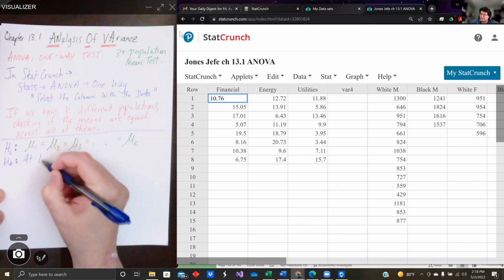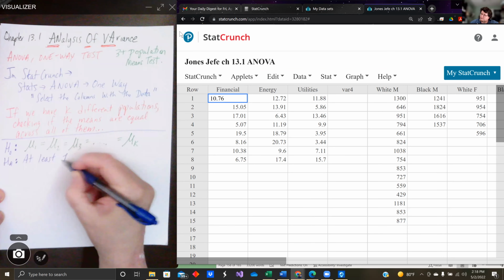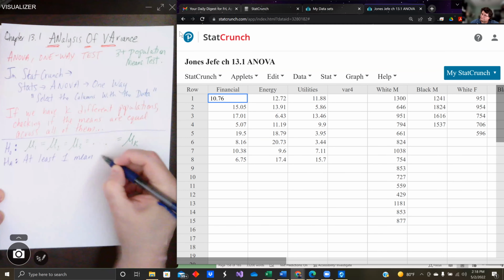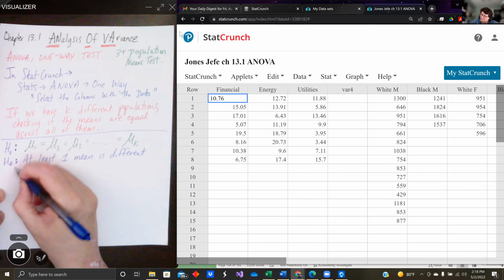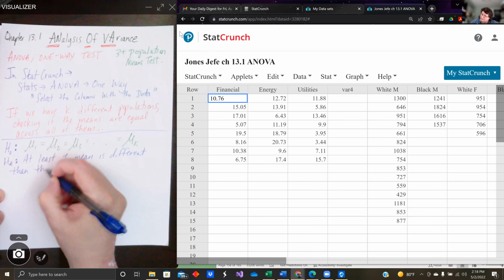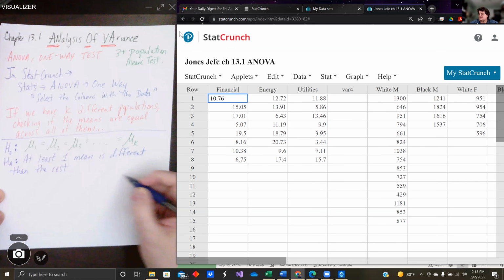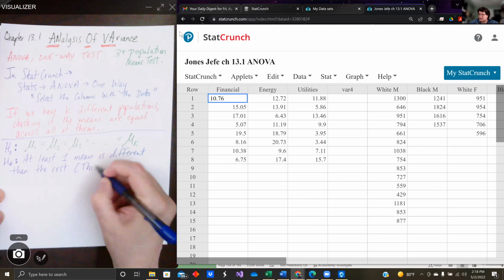At least one mean is different than the rest. This test does not indicate which mean that is.